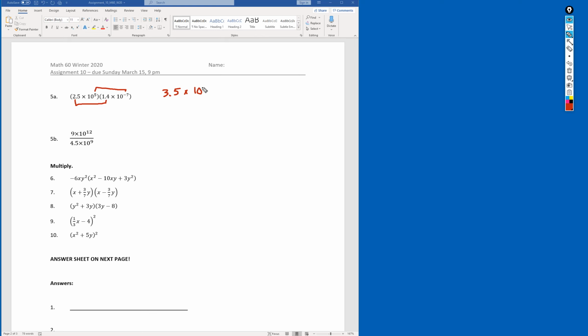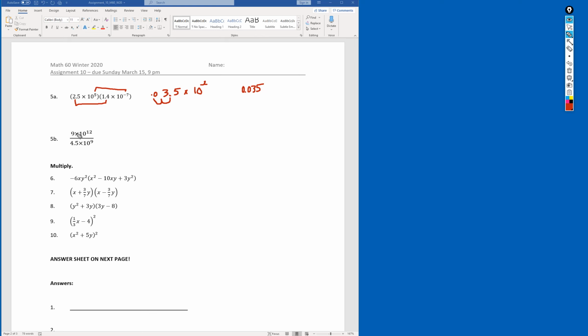So it's 3.5 times 10 to the -2. And I specified in the instructions, because this is what our book says, write your answer in decimal form. All right, so take it out of scientific notation. It's -2, so you got to go 2 positions this way and add a 0. So it's 0.035.